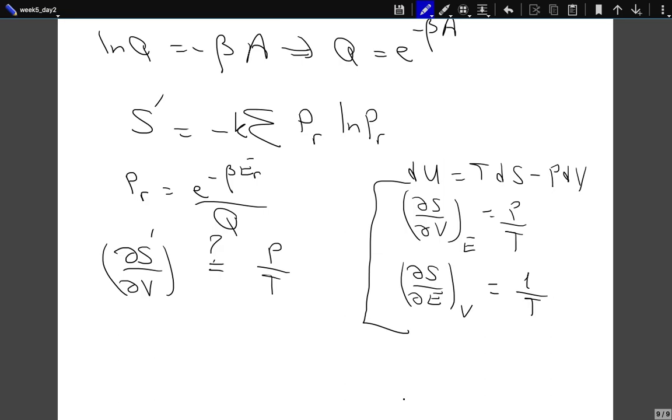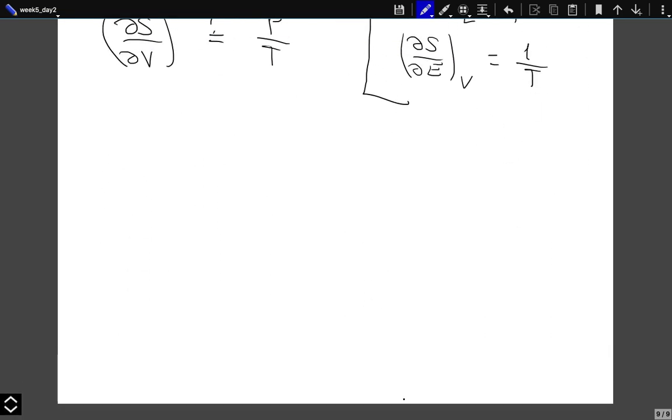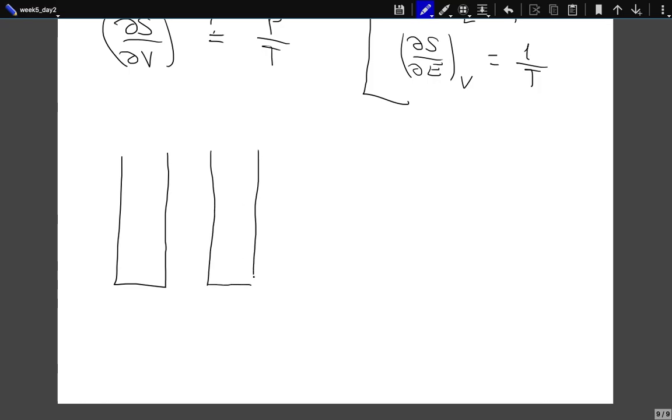Is the ground state always unique? In quantum mechanics, yes. Let's look at this hypothetical problem. Assume you have a system with two infinite potential wells.